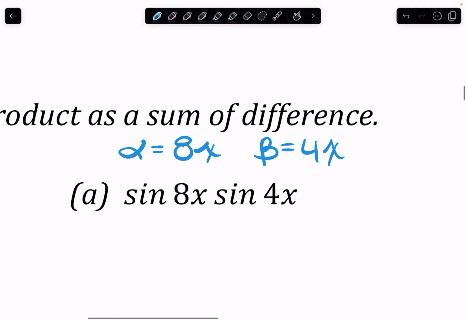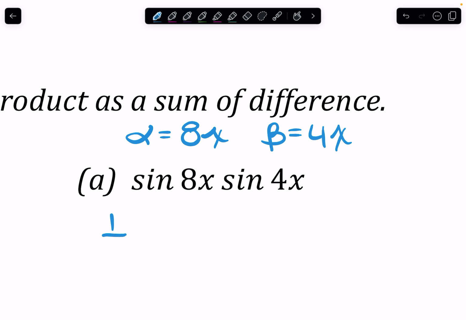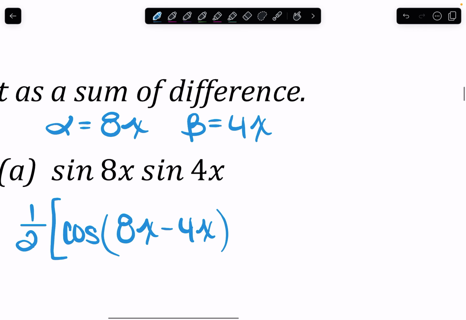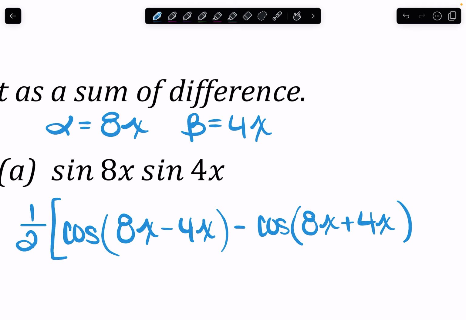So that is going to be 1/2 times the quantity cosine of alpha, which is 8x, minus beta, which is 4x, minus cosine of alpha, 8x, plus beta, 4x.